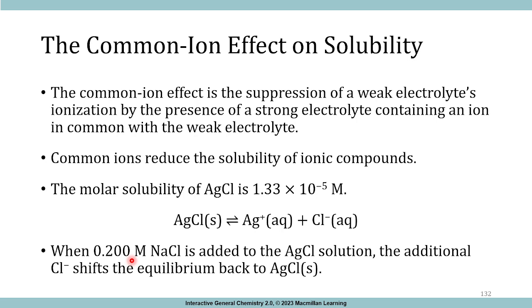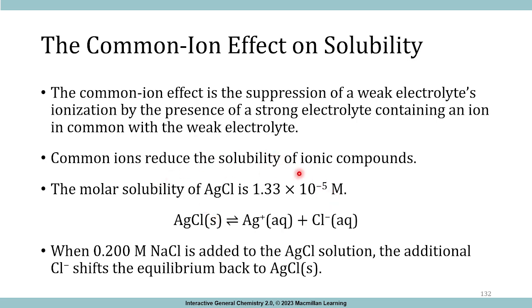Hey, remember the ICE problems? There's that initial concentration, right? The initial concentration of chloride would be 0.2, isn't it? If we initially have a 0.2, what's going to happen to this equilibrium? Well, we increase the concentration of the chloride, and it gets pushed towards the left, the solid, doesn't it?